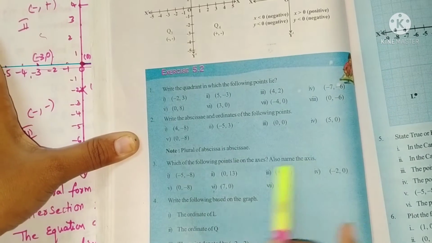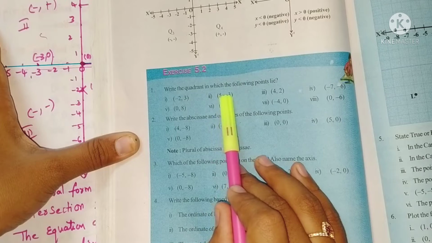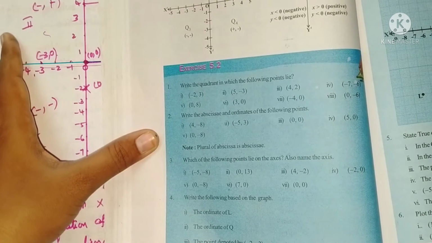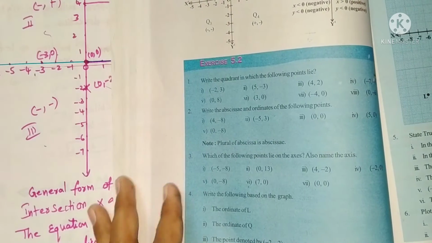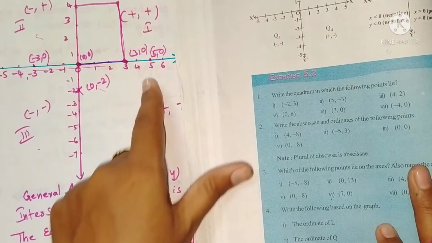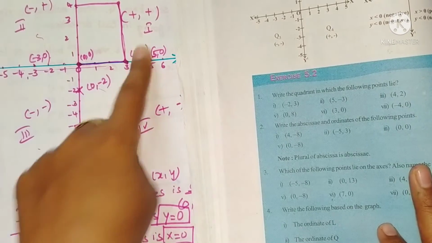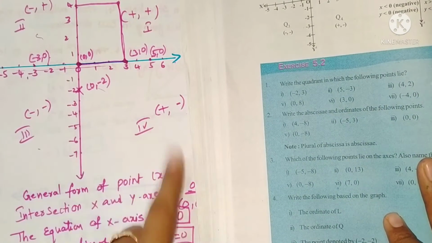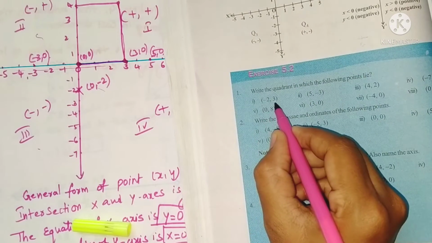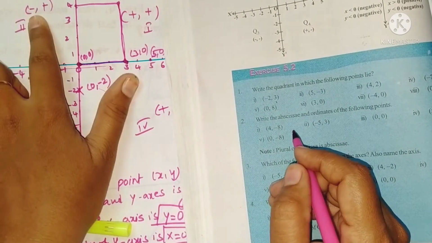Exercise 5.2. Write the quadrants in which the following points lie. Now here we have to write the quadrants. We learned here. Right. So if both are plus, first quadrant like this. Now we have to use this. See here the first point minus 2, 3. That is minus, plus.